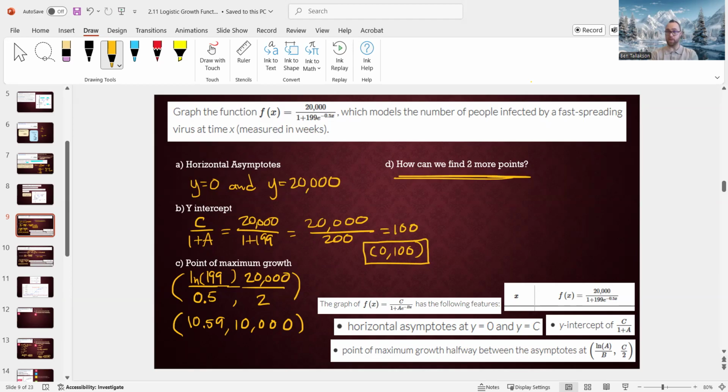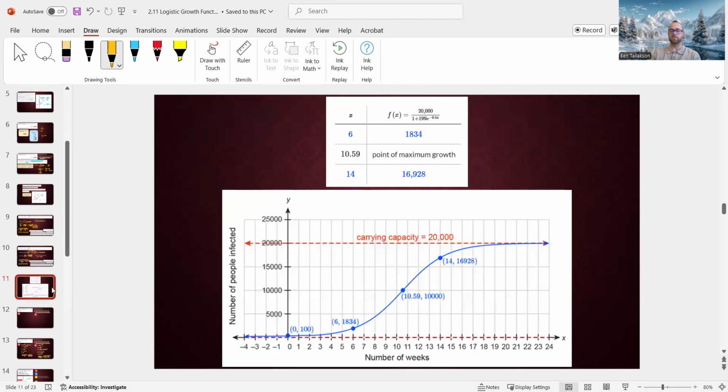Just like any function, pick an x value and plug it in, right? We're not going to do that because you can do that and use a calculator if needed. But we're now going to look at the graph. What we just found together was this point of max growth. We also found this y-intercept down there. And we found this asymptote and that asymptote.